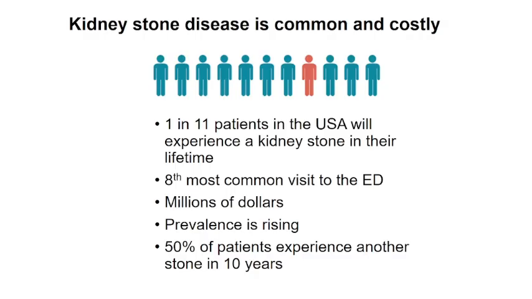As I mentioned before, over the past few decades, the prevalence, how common the stone is, is increasing, and we don't quite know why. Another problem with kidney stone disease is that about half of patients will experience another stone in about 10 years after the first stone. So stone disease is painful, it recurs, and it's expensive.